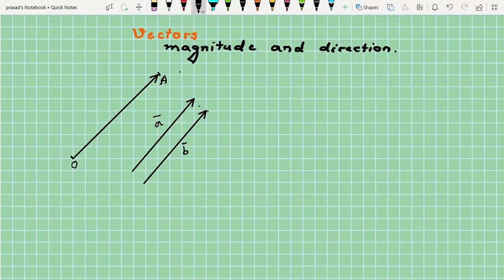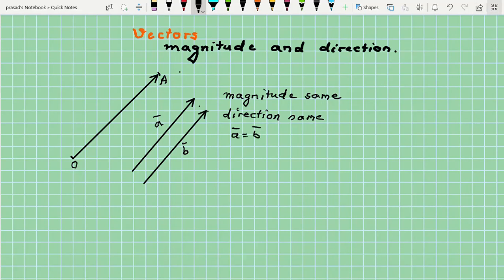So two things should be there: their magnitude should be the same as well as the direction should be the same. Then we'll say that the two vectors are equal vectors.